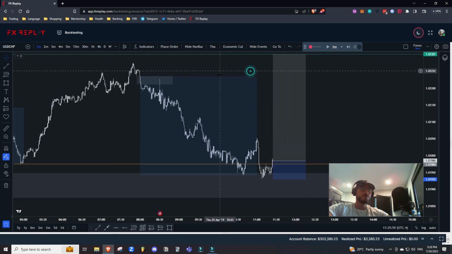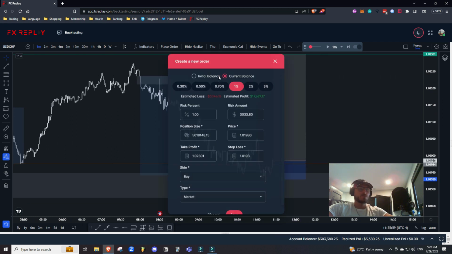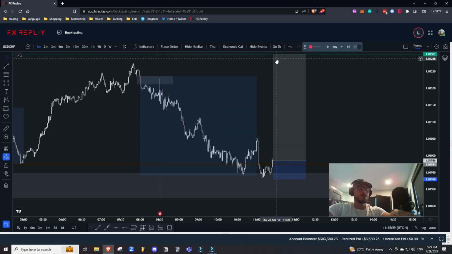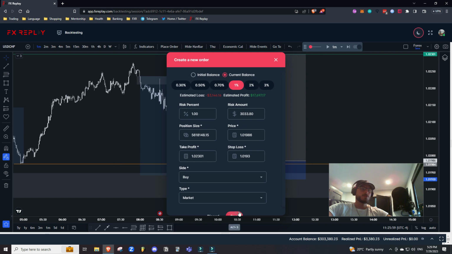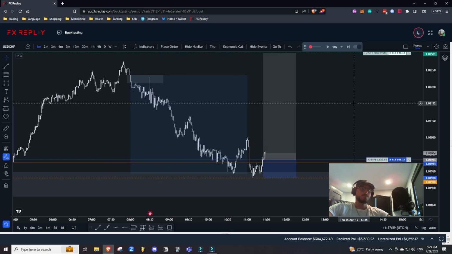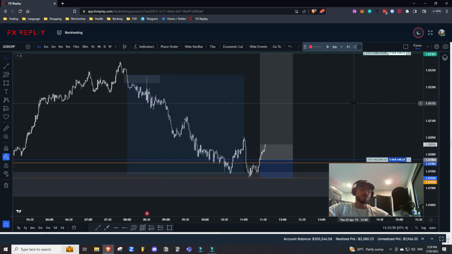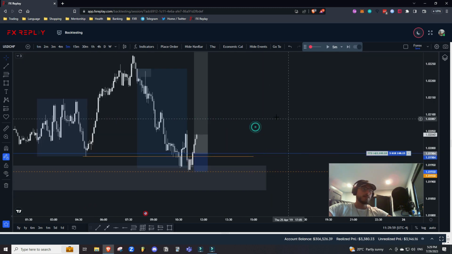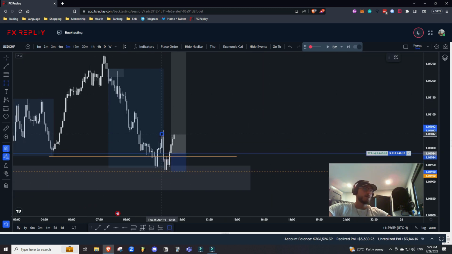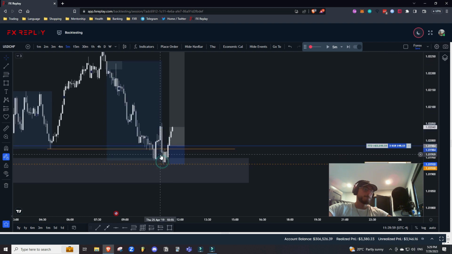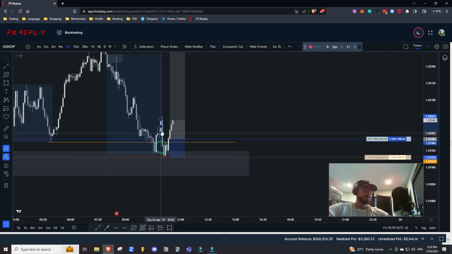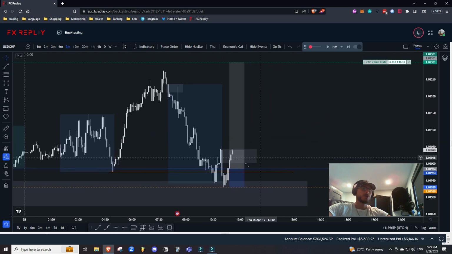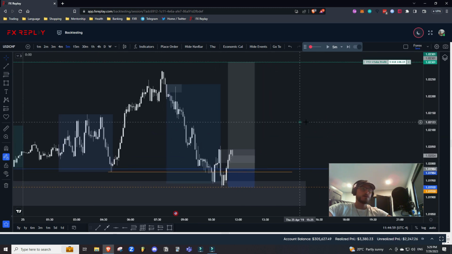So I'm going to take some risk on this one as a limit entry. Actually, we can just go market. It's basically right there. And now what I'm expecting is that this turns into our breaker, and we should start seeing price rally.